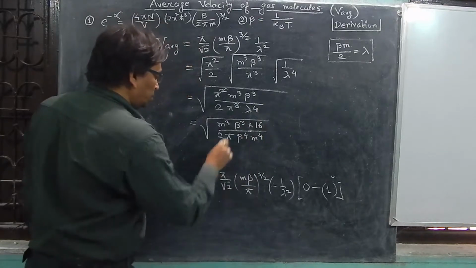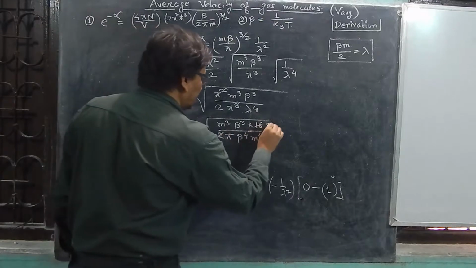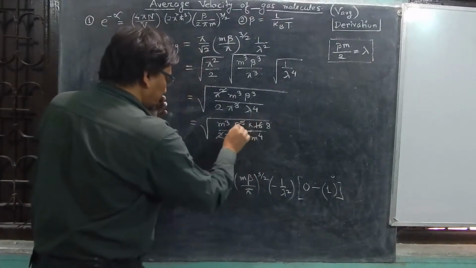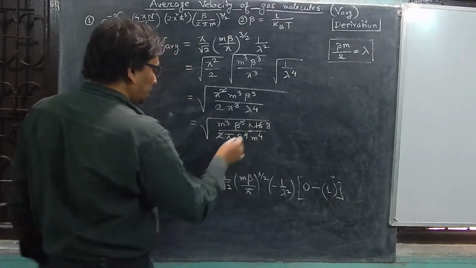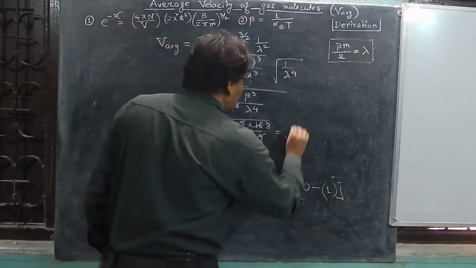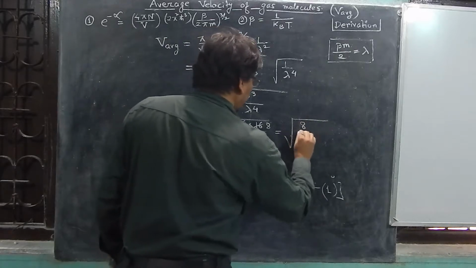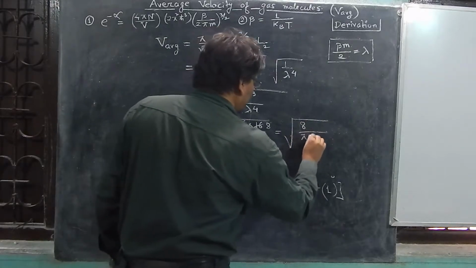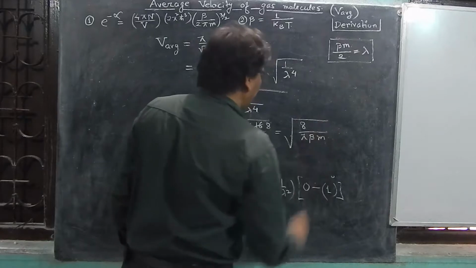So this 2 is cancelled, giving 8, and of this beta cube one beta is left behind, and of m cube one m is left behind. So this is giving in turn 8 by pi beta m.